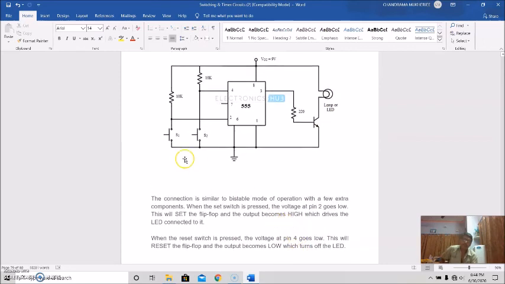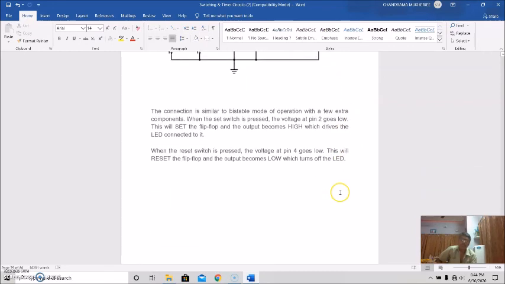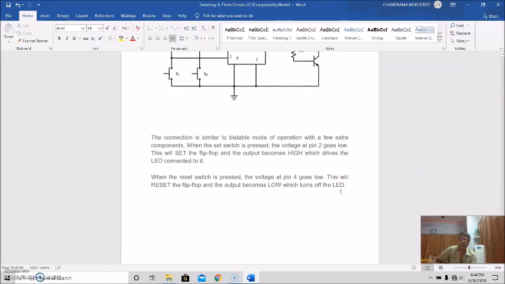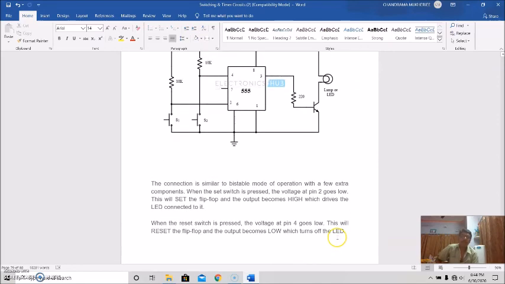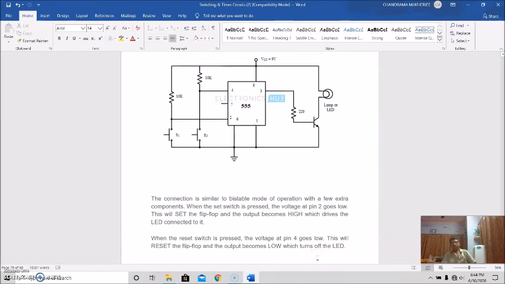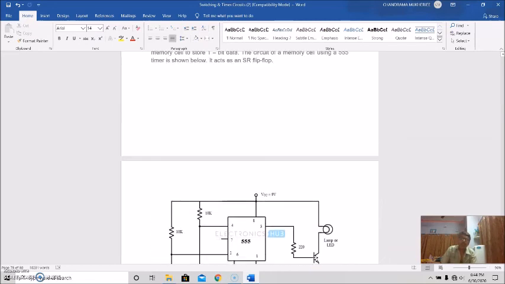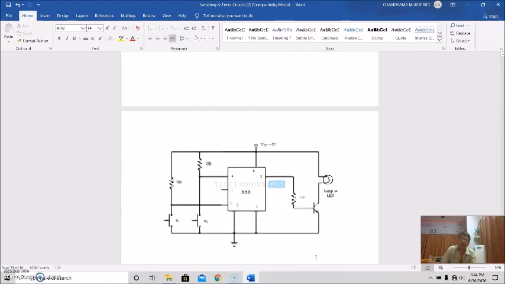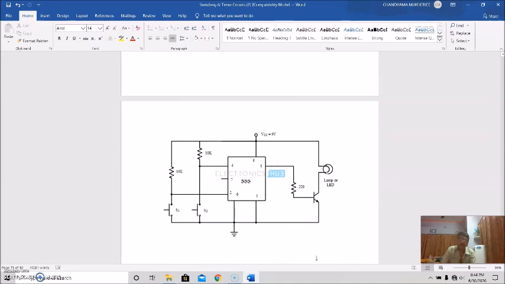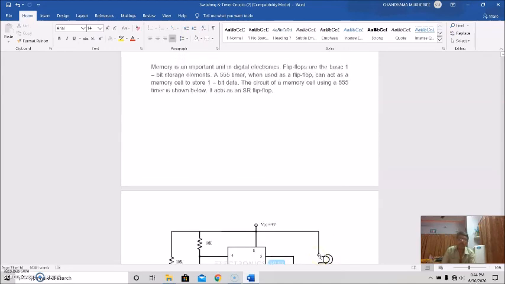When the reset switch S2 is pressed, pin 4 goes low, this will reset the flip-flop and the output becomes low, turning off the LED. So in this way this bistable multivibrator circuit is used as a memory cell. It can store up to 1 bit of data, as used in digital electronics.